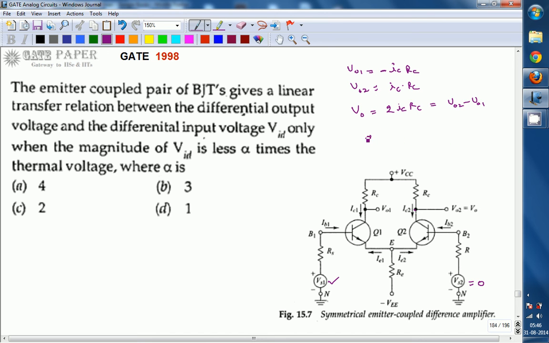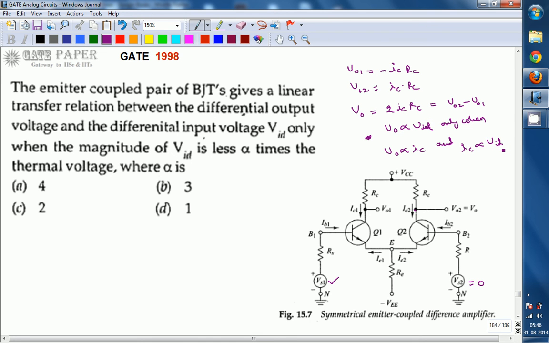So we can say V0 is linearly related to VI, that is VID, only when V0 is proportional to IC and IC is proportional to VID.